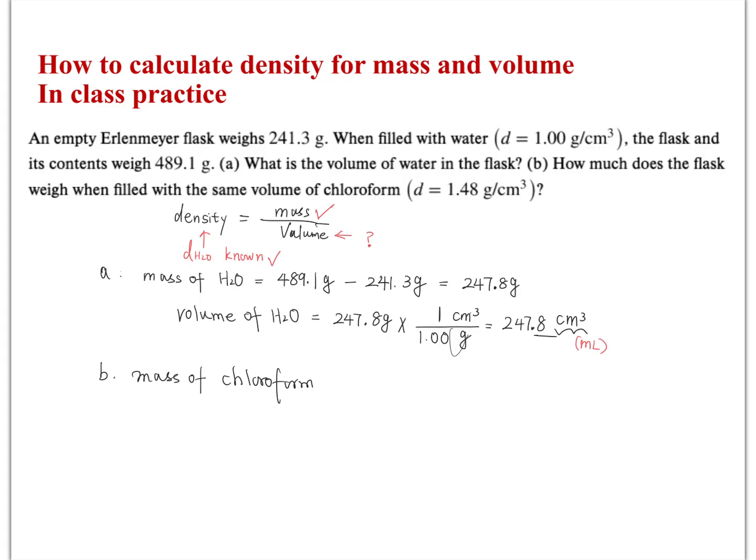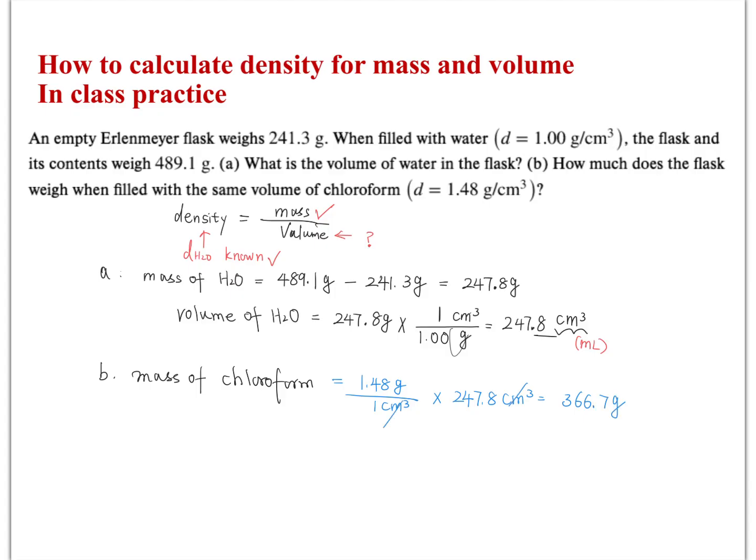Again, we are going to rely on the equation right here. Now we want to know the mass. For chloroform, we don't know the mass, but we know the volume because it has the same volume as the water, and we know the density. So we take the density of the chloroform times the volume of the chloroform. That will give us the mass of the chloroform, 366.7 grams.